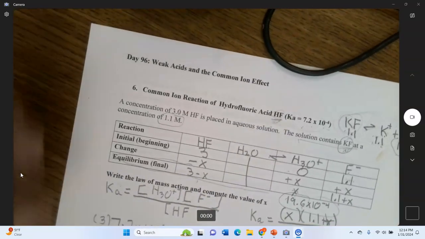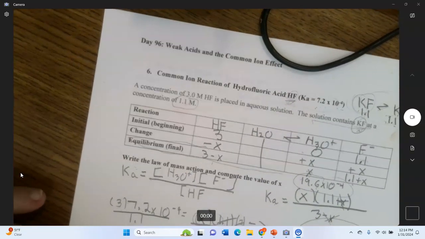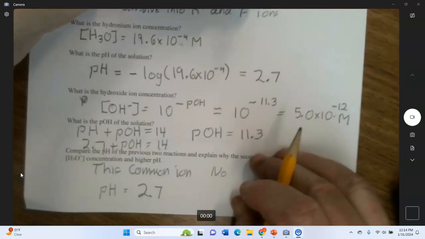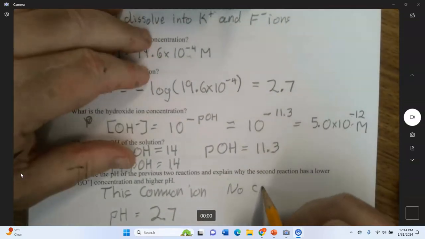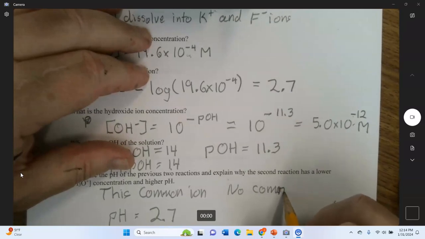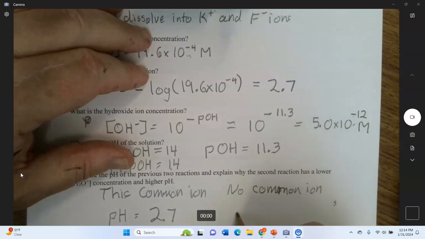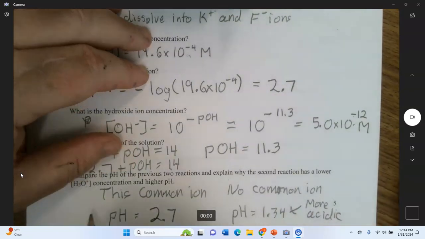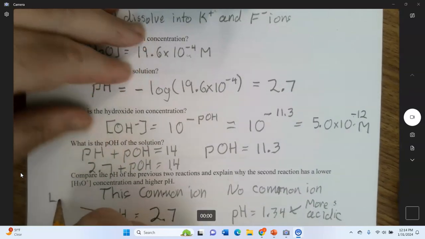Hang on a sec. Yeah. Last reaction was 1.34. So that means, well, let's just write that. So pH for no common ion equals 1.34. So this is more acidic. And this one is less acidic.